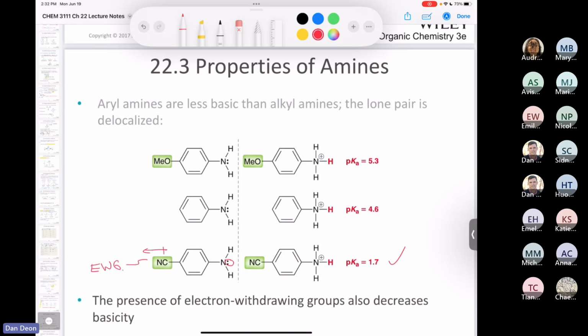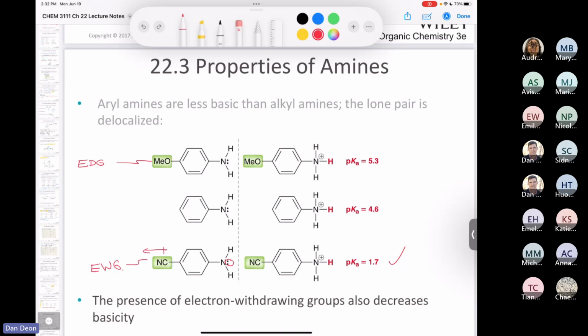And then, of course, if you have a methoxy group, well, that's an electron donating group by resonance. It is electron withdrawing by induction, but it's electron donating by resonance, and you should be able to draw the resonance structures here. I'm not going to go over all of those, but that's why the pKa of the conjugate acid of para-methoxyaniline is higher than that of aniline.